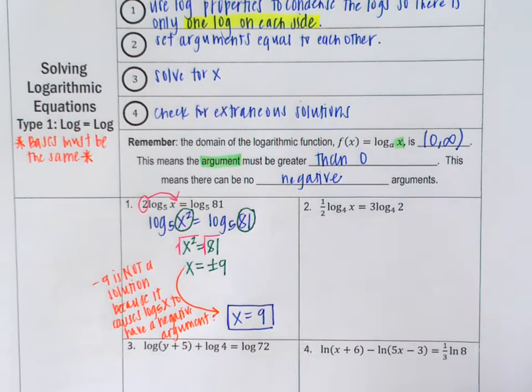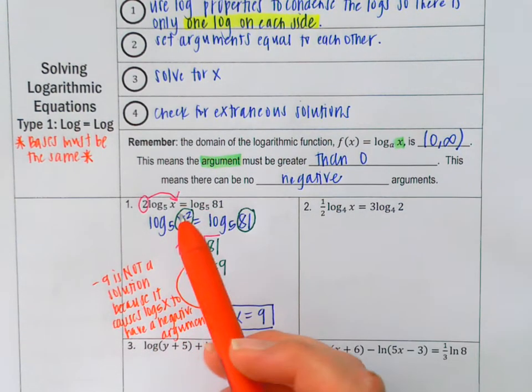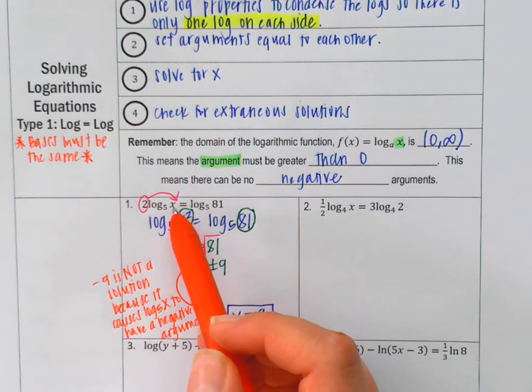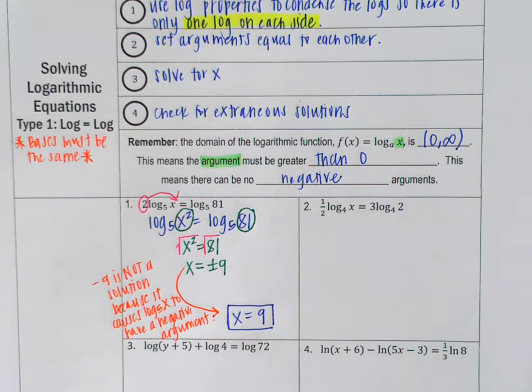So you always have to check your solutions when the variable is part of the argument. So all of these, we're going to have to check our solutions.